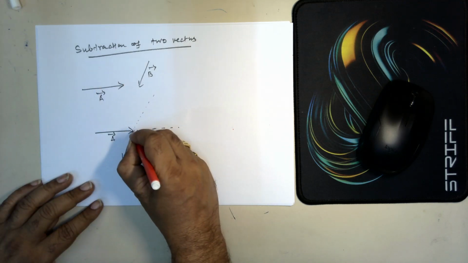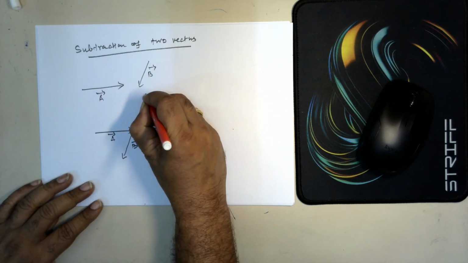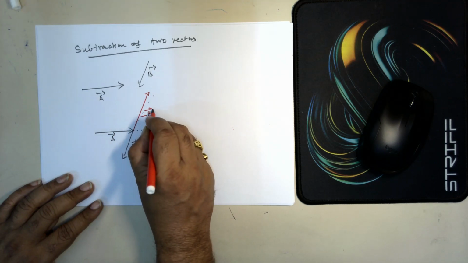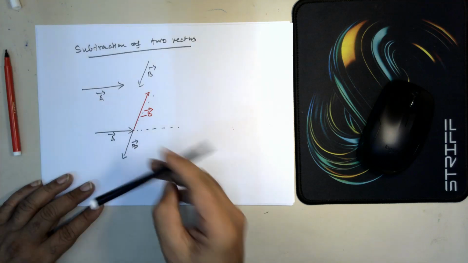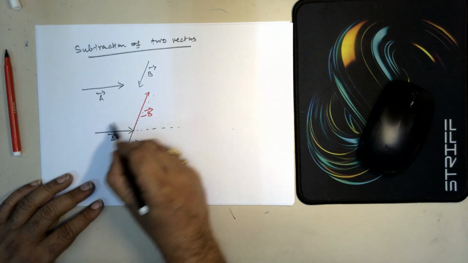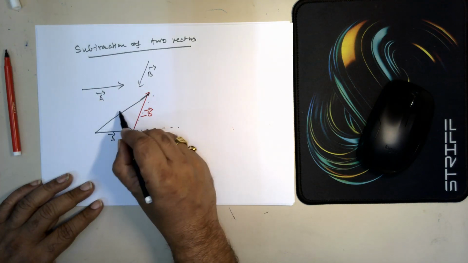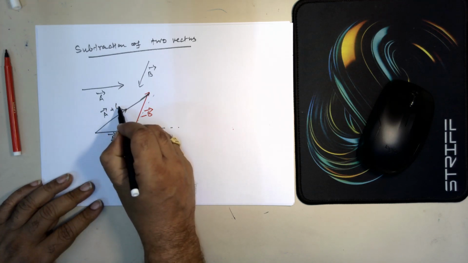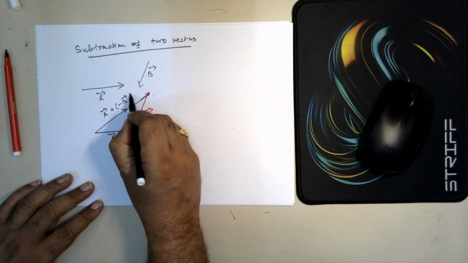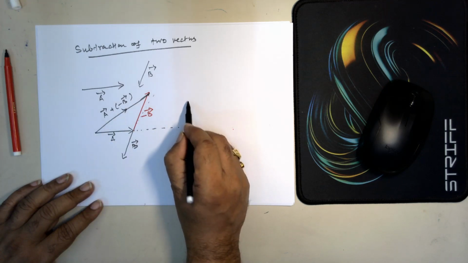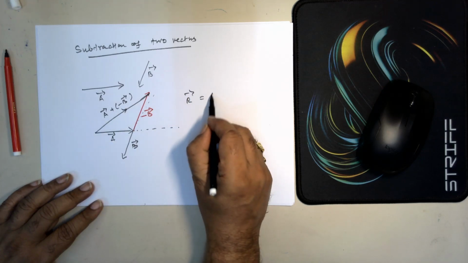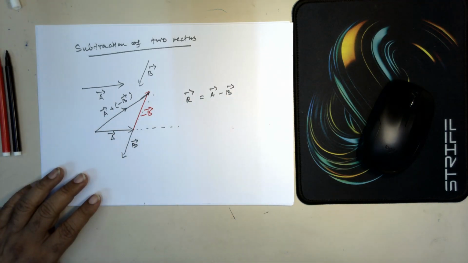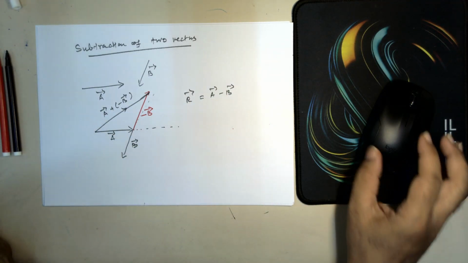I'm indicating by a red line like this. And in that case, it becomes what? Minus B vector. So do you understand the meaning of this? So minus B vector. Now when I connect these, you are able to get vector A plus minus B vector. Therefore, it becomes, what is that? R vector is equal to vector A minus B vector. Are you able to understand this? Right?